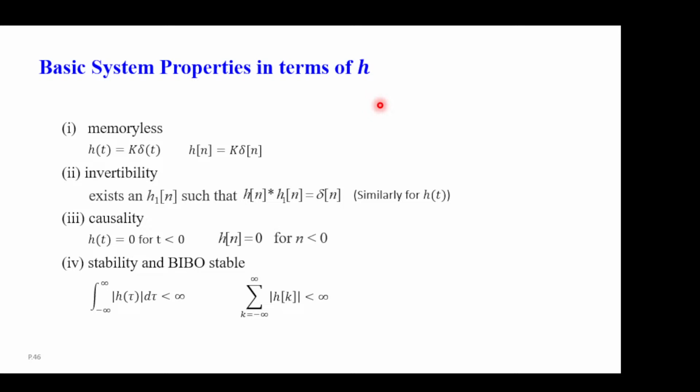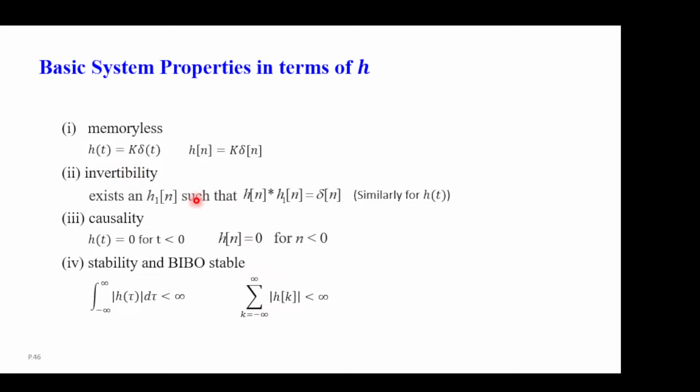For an LTI system, you can describe all those four properties in terms of h of t in a pretty simple way. All of those are if and only if. So memoryless if and only if your h of t is a multiple of the delta function, either for discrete time or continuous time.